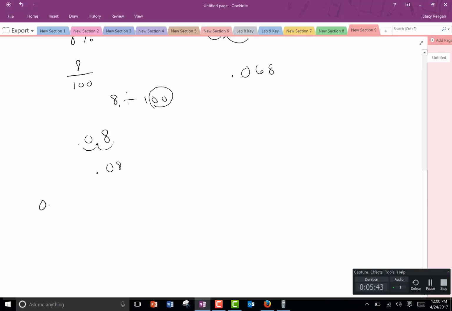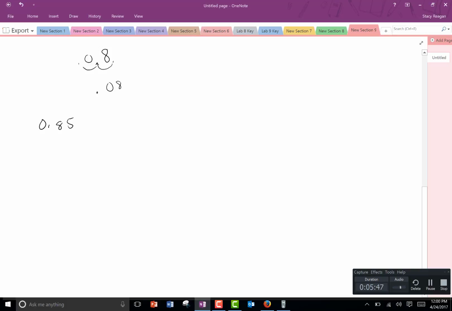We've got 0.85. If I want to change this one to a percent, I'm going to go backwards. On these others that we had, we moved the decimal to the left or we divided by 100. On these, we're going to multiply by 100 or move my decimal 2 places to the right.